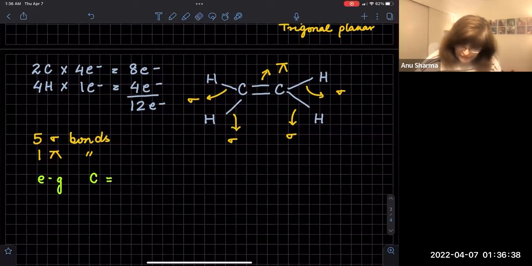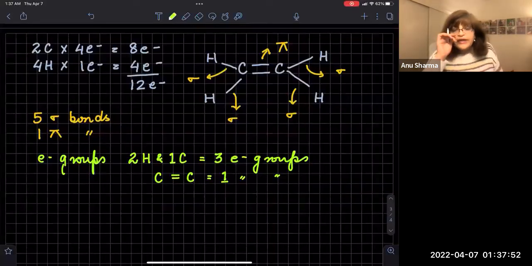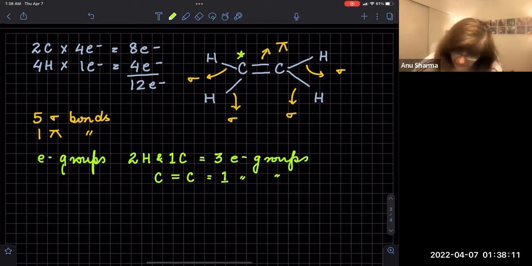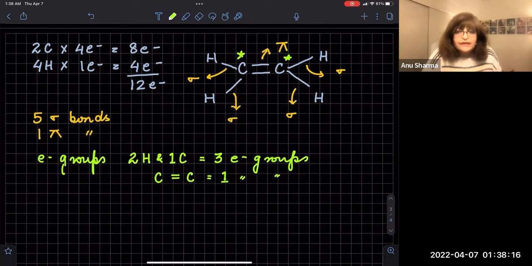Between the 2 carbons, there is the double bond, which is considered to be just 1 electron group. Keeping carbon as the center, we see that carbon is surrounded by 3 electron groups.